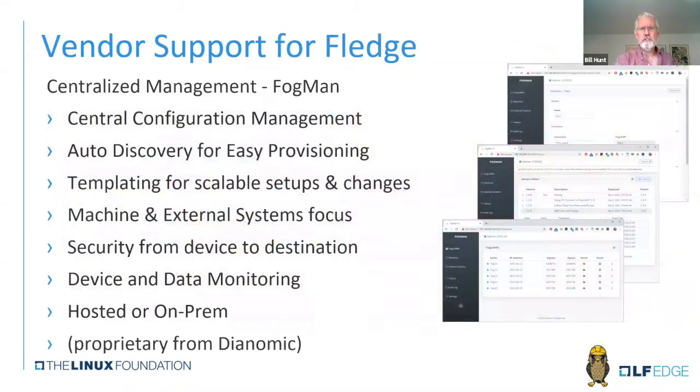And then also lastly, as I say, we're with Dianomic. If you have a lot of Fledges, one of the things that we do for commercial support is provide a way to manage these at scale. We have a central configuration tool called Fogman, and it can do auto discovery. If you put new Fledges out there, it can find them and bring them into its management.